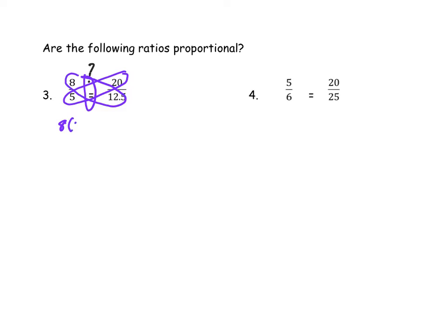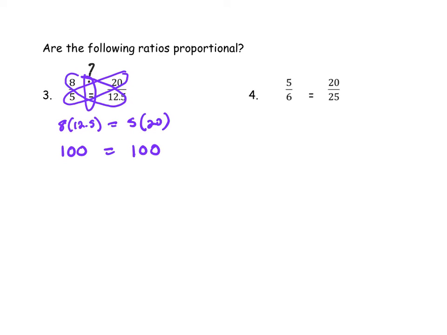So 8 times 12.5 equals 5 times 20. So 8 times 12 and 5 tenths would be 100. And 5 times 20 would be 100.